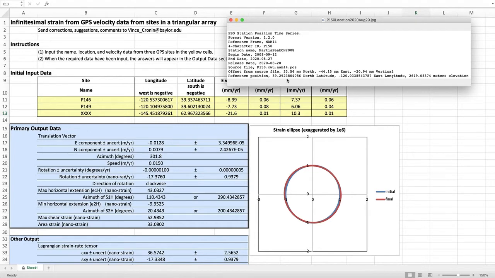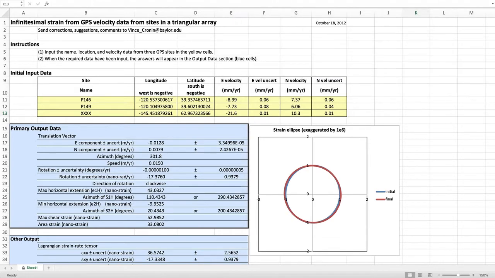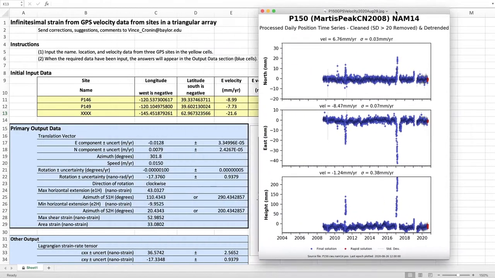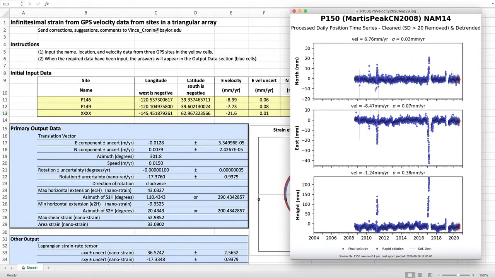And so we're going to put this latitude and this longitude in there. And we also then collected some velocity data. And so we're going to be putting in the east-west velocity and the north-south velocity and their uncertainties.